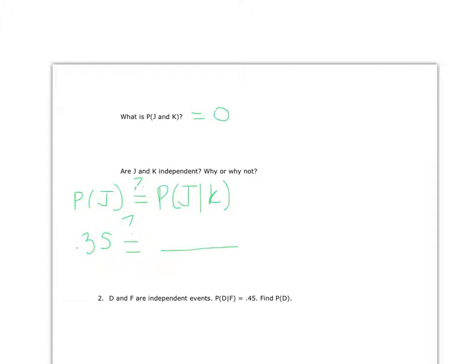Probability of K goes in the denominator, that's 0.15. And in the numerator we want the probability of J and K, which we just figured out was 0. So that's equal to 0. So those are not equal. That answers the question: no. And it's because what we just showed, that the probability of J is not equal to the probability of J given K.